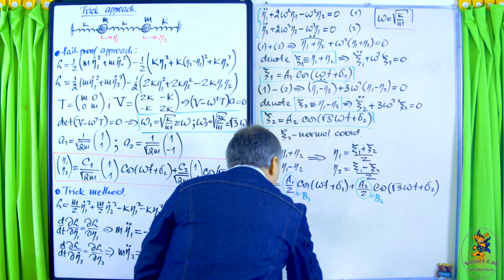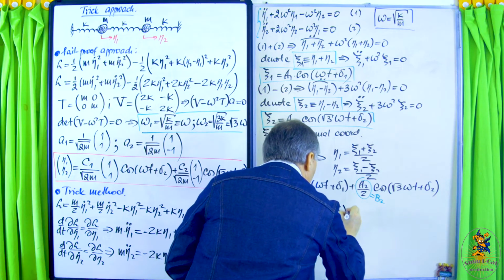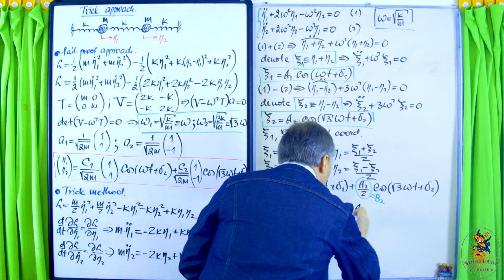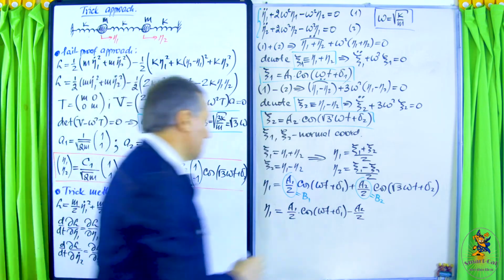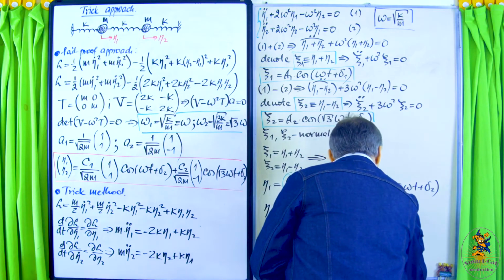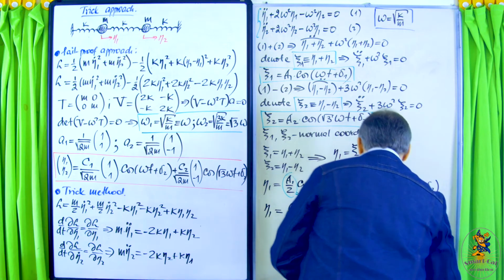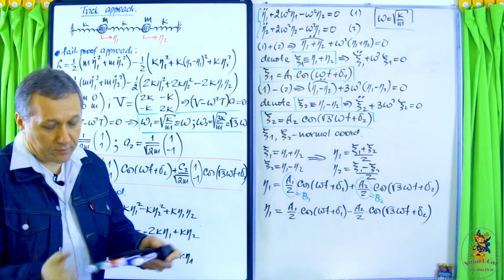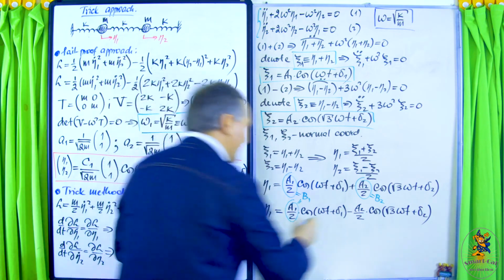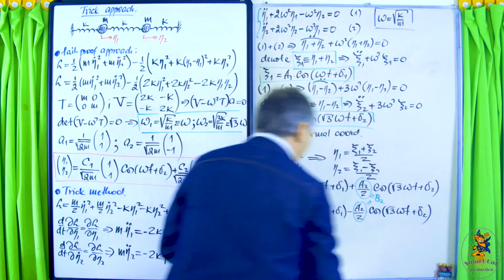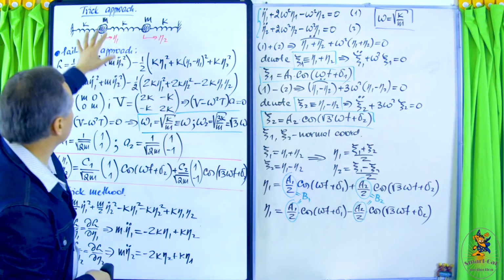So it will be a1 over 2 cosine of omega t plus delta 1, and minus a2 over 2 times cosine of square root of 3 omega t plus delta 2. Again, the same constants of integration, which we can rename as b1 and b2. These are general solutions of particles 1 and 2.